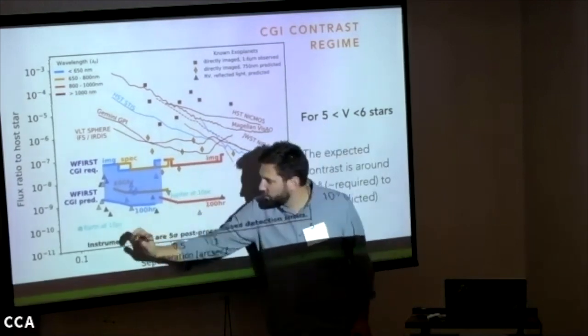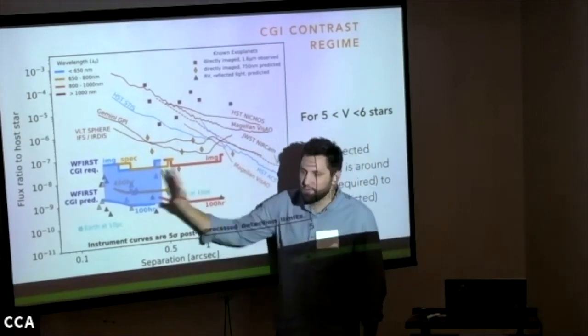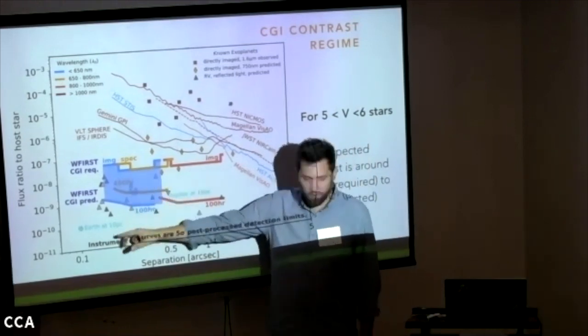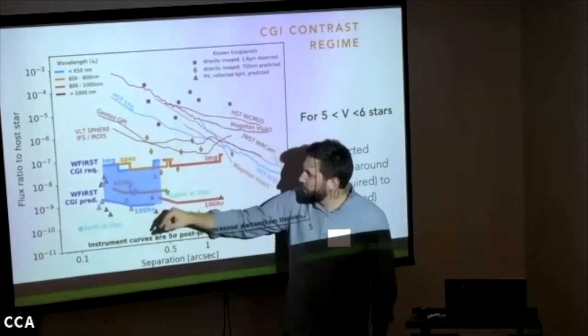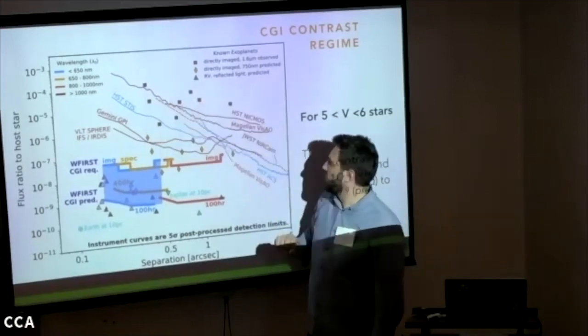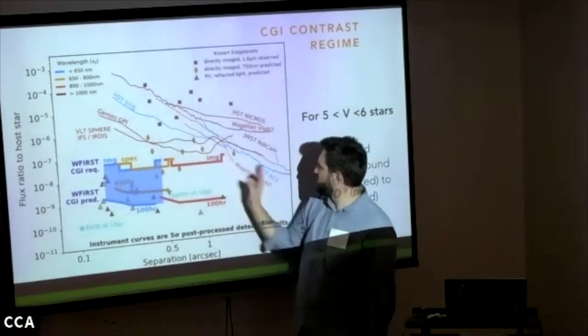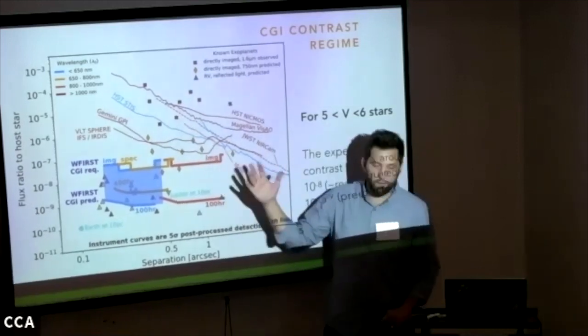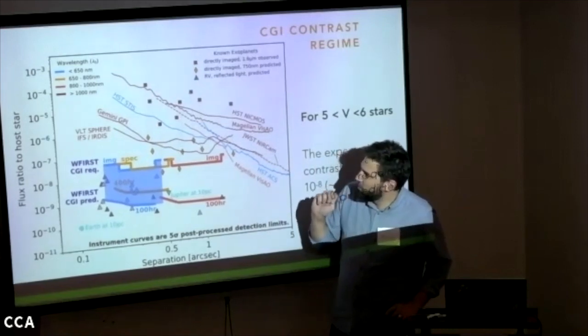You can sort of think this is reflected light, and this is emission. Those ground-based ones are operating in the infrared, so you have blue and red, basically. They're going after planets that are self-luminous because they're young and giant and emitting a lot of light.